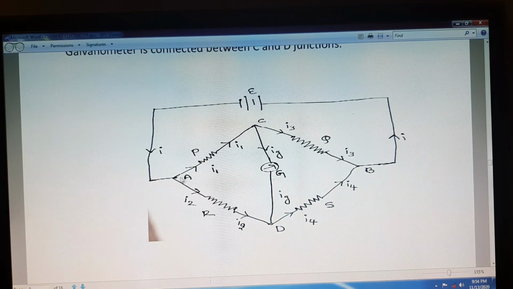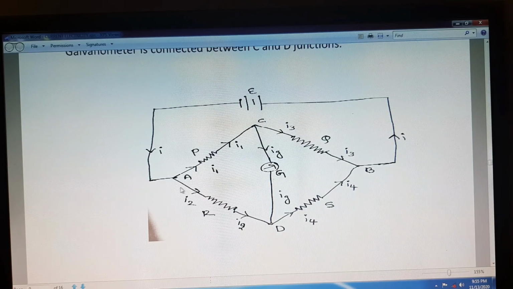From A to C, the electric current is I1 and the resistor is P. So I1P for AC. Next, C to D, the electric current is Ig, passing through the galvanometer resistance G. So IgG. AC is completed, CD is completed.